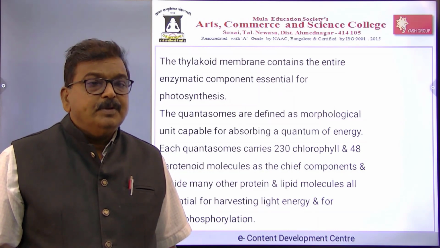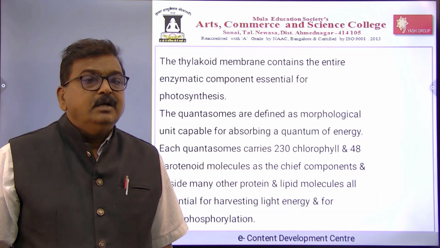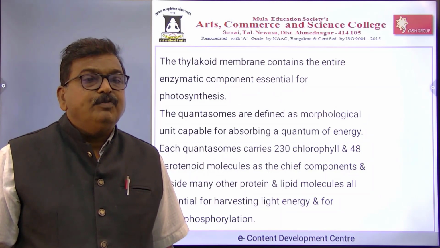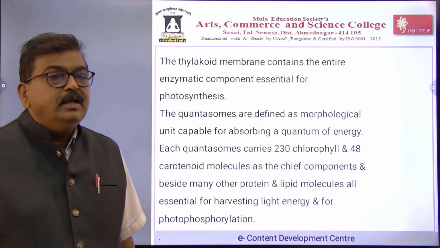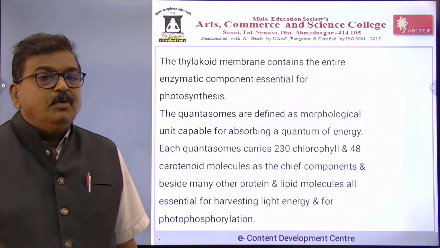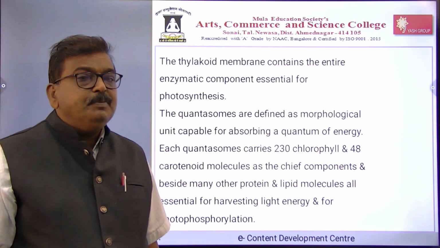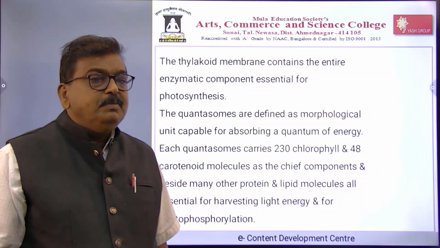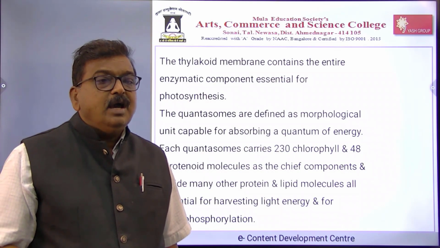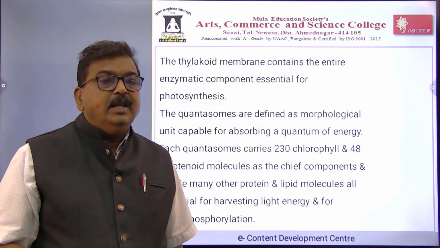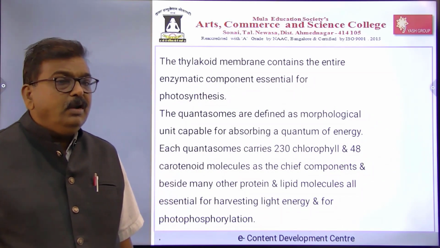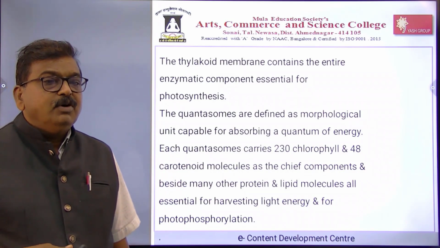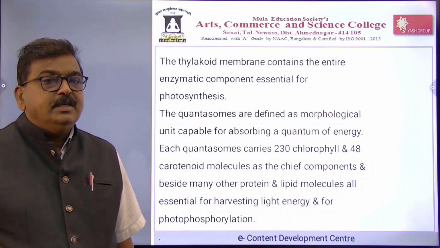Each quantasome carries 230 chlorophyll and 48 carotenoid molecules as the chief components. Besides, many other protein and lipid molecules are all essential for harvesting light energy and for photophosphorylation.